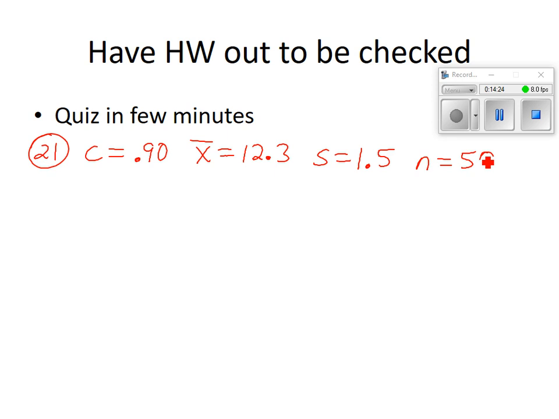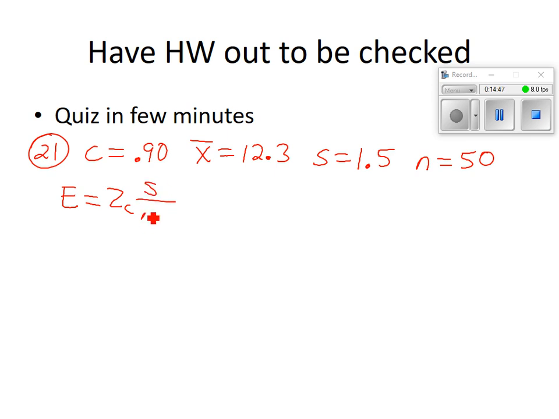First thing, we could do this on the calculator, but I'm going to do it longhand here. First thing we have to do is find E. That was the formula we just got done doing a second ago. We'll do it on the calculator after I get done doing this. We want to find E, so we want our critical value here.